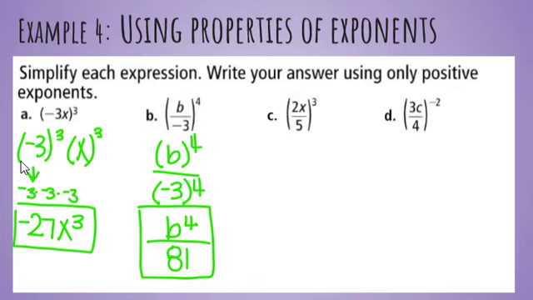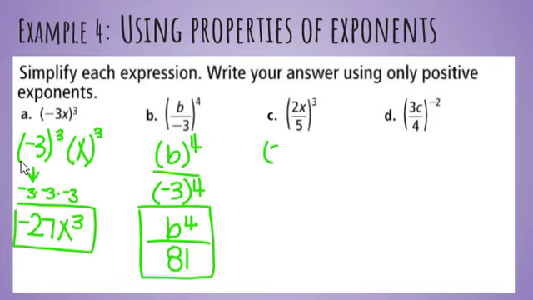Okay, so this next one, we have 2x over 5 to the 3rd power. So this combines both the power of a product and power of a quotient. So this 3 has to apply to the numerator and the denominator. And then going back within the numerator, it has to go to the 2 and to the x.